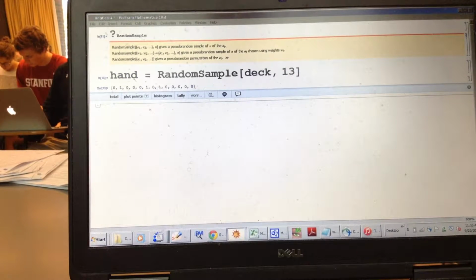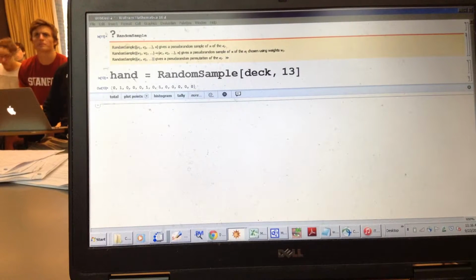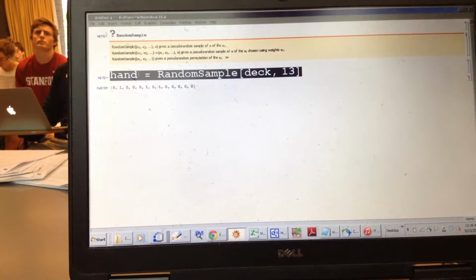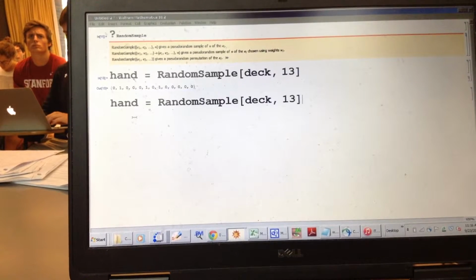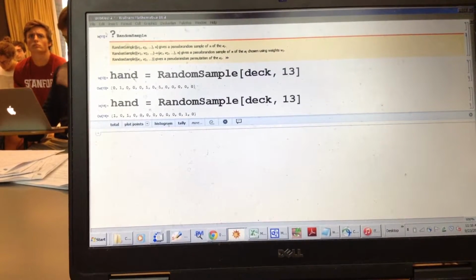And there we go. I can do this again, and I get a different random sample. That's all you need to do to randomly sample dealing a hand.